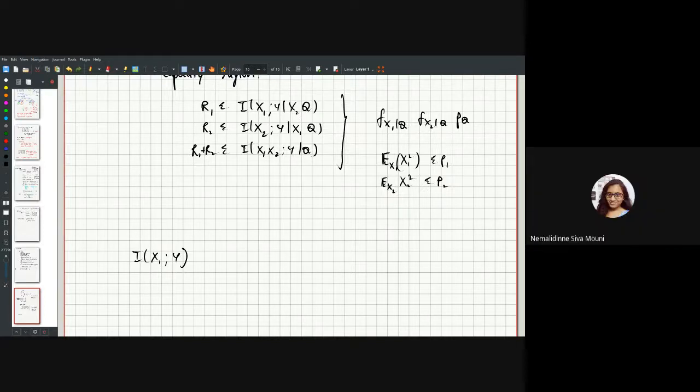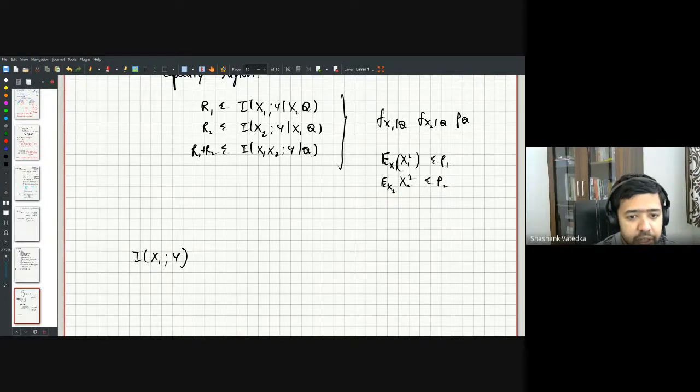Sir, can you repeat the question? Okay, so right now we need a candidate distribution. We want to evaluate these mutual information quantities, and ideally we want to choose the distributions f(x1), f(x2), and so on, such that the region described by these three inequalities is as large as possible.